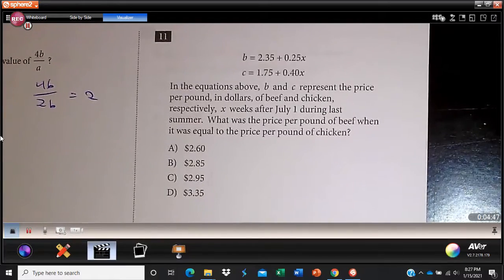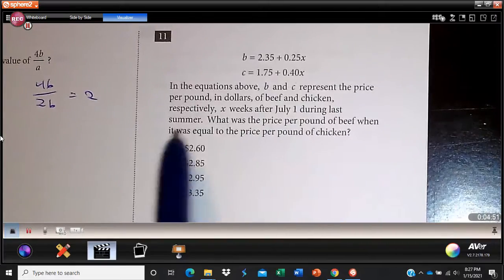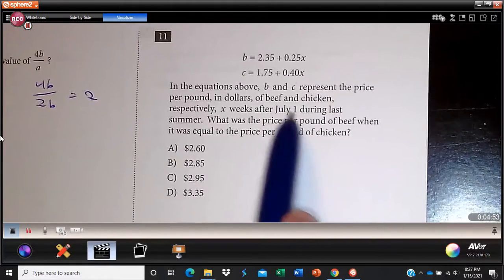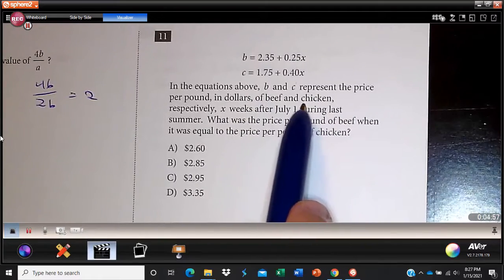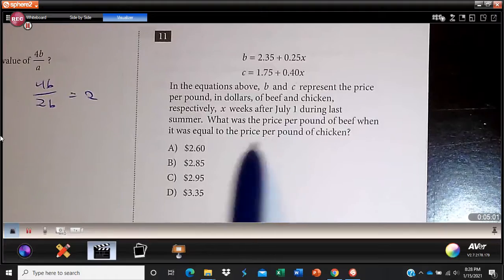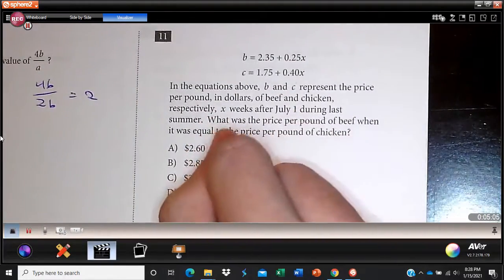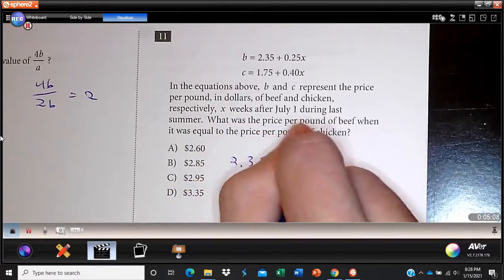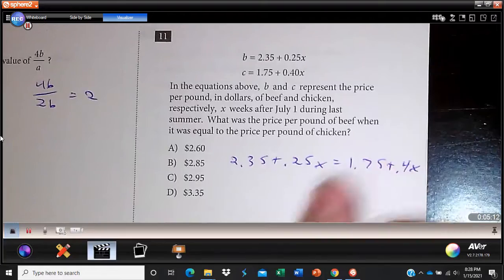Okay, here's an expression. It looks like a system of linear equations. What is the price per pound of beef when it's equal to the price per pound of chicken? B and C represent the price, so B is beef, C is chicken. So when B is equal to C, that would be when these two things are equal. So 2.35 plus 0.25x equals 1.75 plus 0.4x.